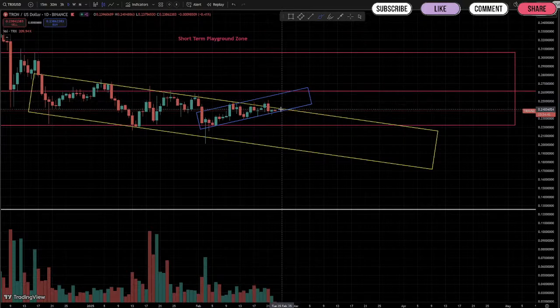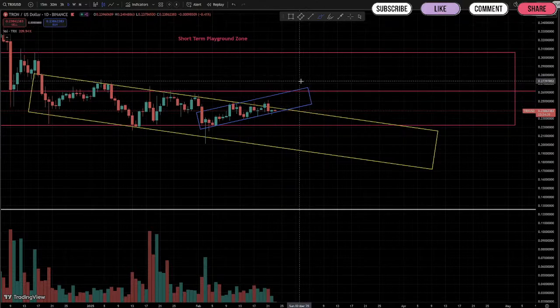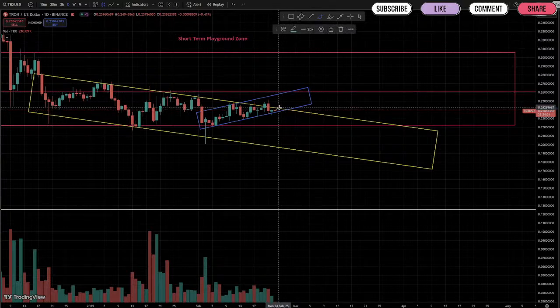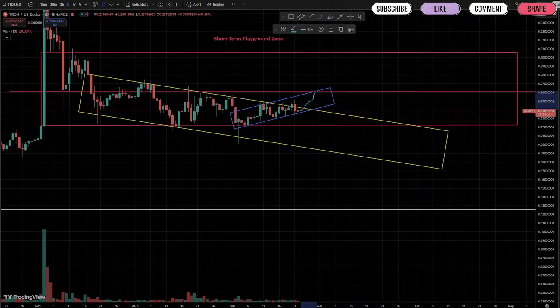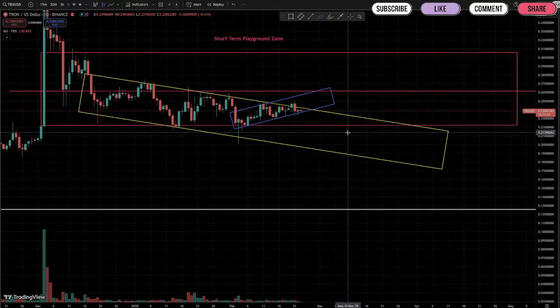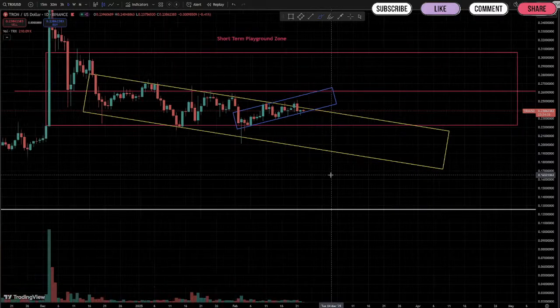Like I said, it can either go up and test the middle part of the pink short-term playground zone, and interestingly, it's also the top of the blue box. So is it a coincidence or whatever you want to name it? That's how I see these 3 boxes crossing each other right now.